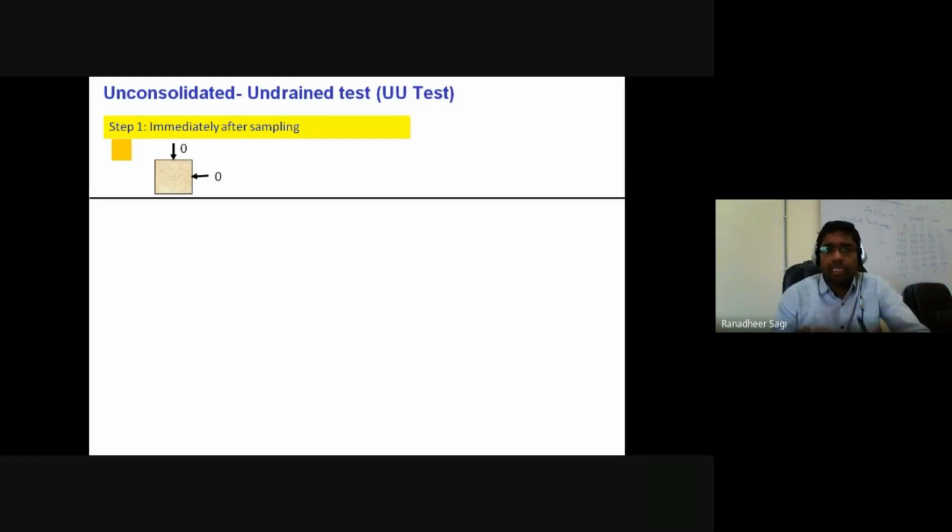As there is a slight increase in volume, the pore water pressure which that soil experienced in the field will no more remain in the soil. Rather, now there is some other pore water pressure that the soil will contain, which is called your residual pore water pressure, and that is more specifically called negative pore water pressure.